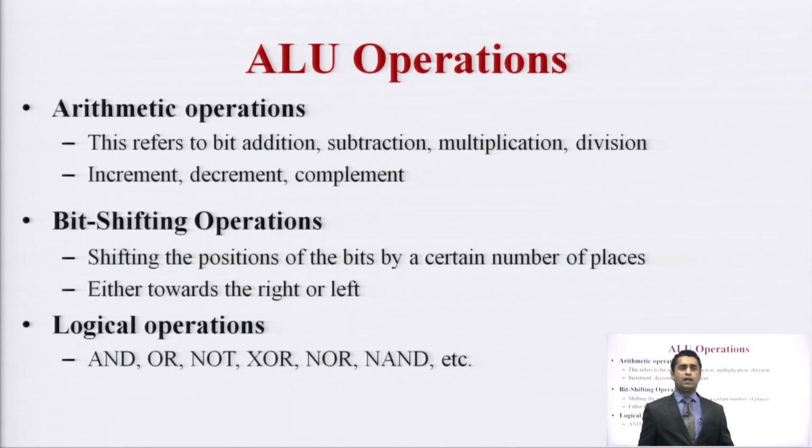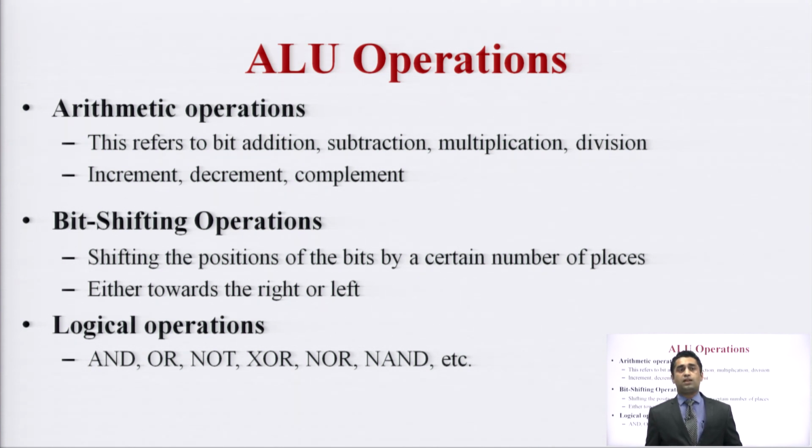Now come to the ALU operations. For the prerequisite part, these three concepts are important. Now we are coming to our topic, which is arithmetic logic unit, which comprises three parts: arithmetic operations. Arithmetic operations, generally we see these are addition, subtraction, multiplication, division, but apart from this there are other important ones like incrementer circuit, decrementer circuit, how to take a complement.